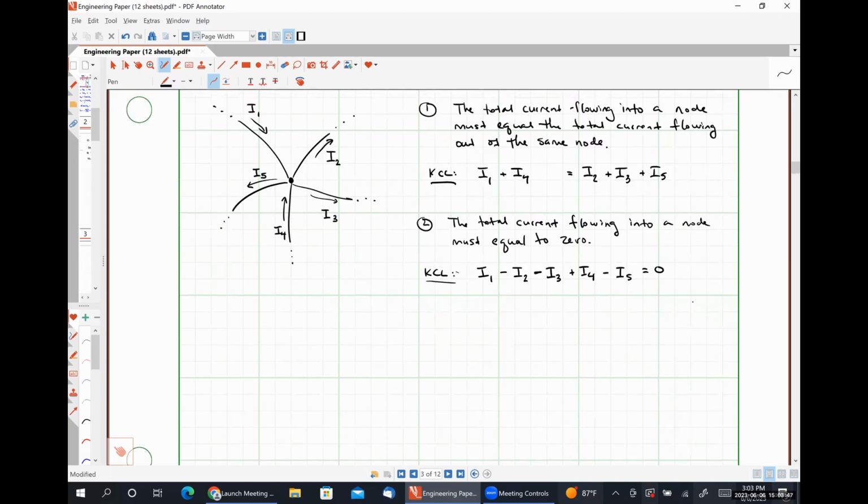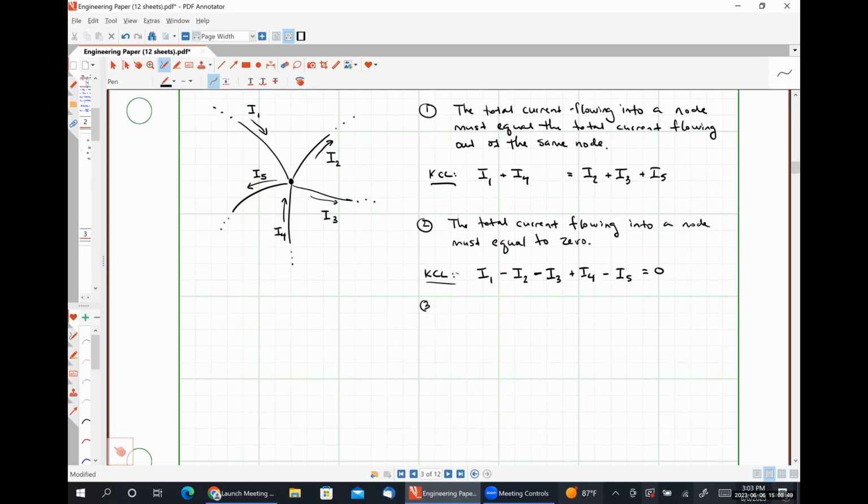Our third formulation of Kirchhoff's current law is effectively the same thing, except we're going to say that the total current flowing out of a node must equal 0.